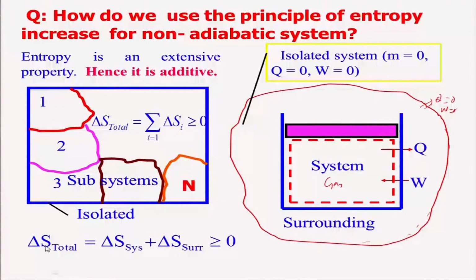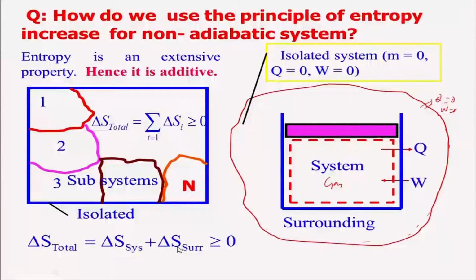So we can say the total entropy change for an isolated system, the change in entropy of the system plus surrounding, will be greater than or equal to 0. And if I know what is happening in the system, then we can find out what will be the surrounding and evaluate.